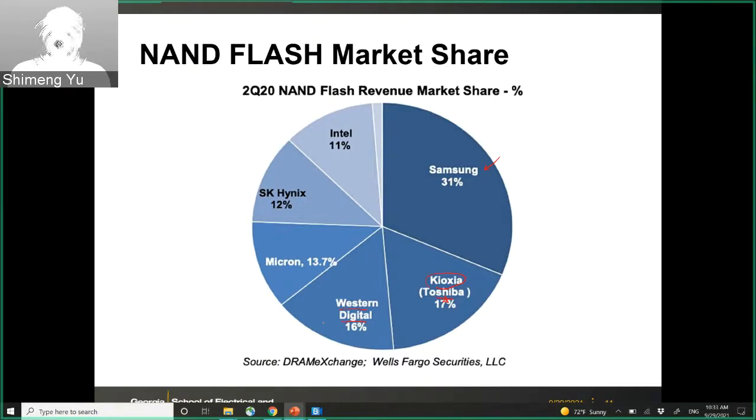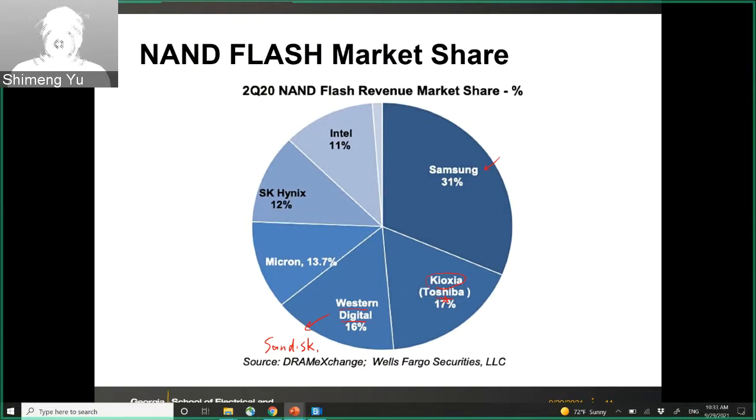You may have heard of SanDisk before. SanDisk is a flash memory vendor, and it was acquired by Western Digital maybe 5 years ago. Western Digital used to make hard disk drives, but they made a very good move a few years ago to acquire SanDisk.